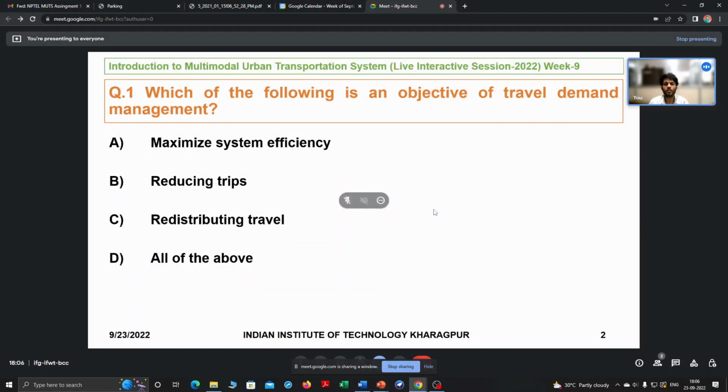Then reducing trips. Suppose you are allowing the work from home scenario, which picked up pace during COVID. Initially it was there, but it was mostly Western countries following this kind of hybrid situation, where once or twice a week you are allowed to work from home, and the rest of the days you travel. On those days you are reducing the trips, so you are reducing the whole demand.